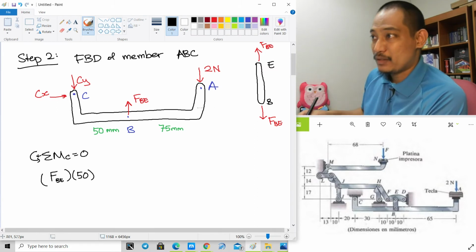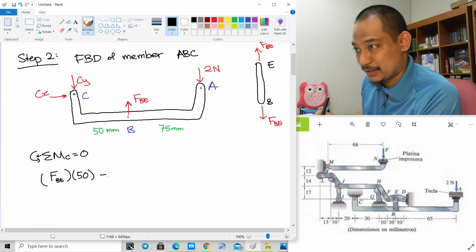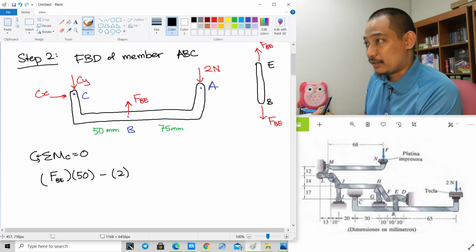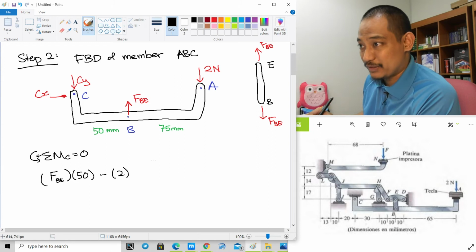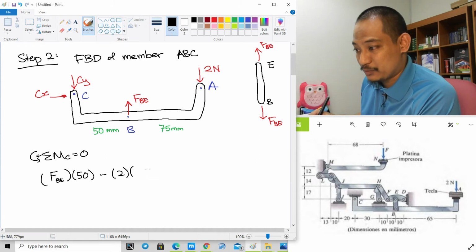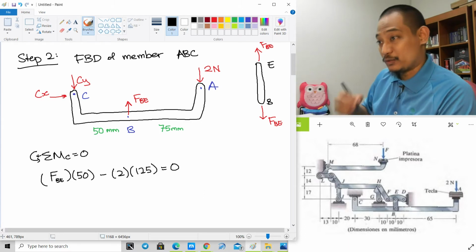And then the 2 Newton force is clockwise, so it becomes negative: 2 Newton, and the distance is 50 plus 75, which means 125. This should be equal to 0. So then you can solve.